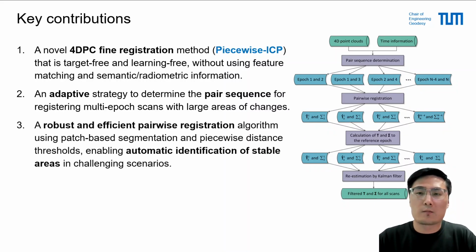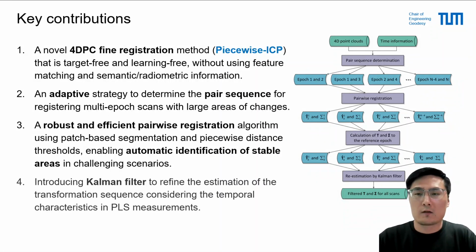And then we perform a robust and efficient pairwise registration using small planar patches and piecewise distance thresholds, which can automatically identify the stable areas in deformed point clouds. And finally, we introduce a Kalman filter to refine this estimated transformation sequence.